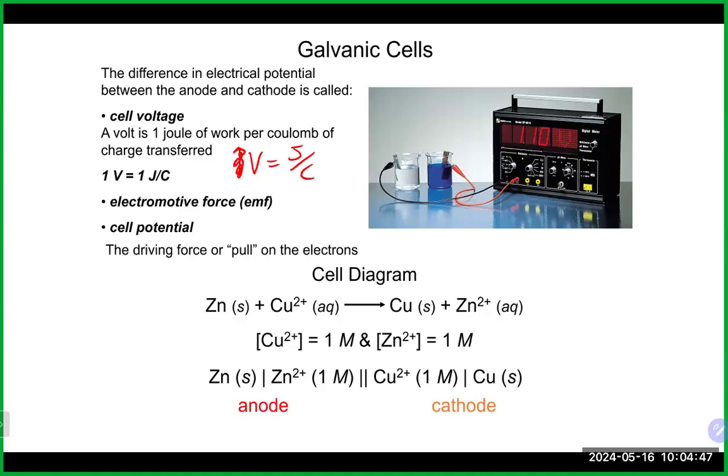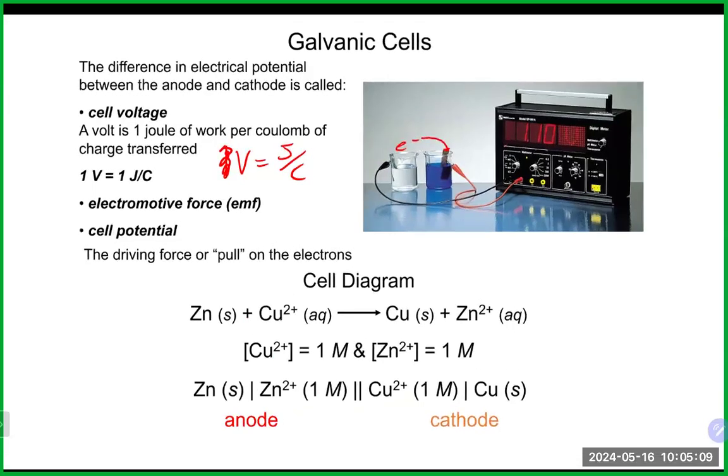If you're asked in a question to calculate the cell voltage, the electromotive force, or the cell potential, usually what they're asking you to calculate is the cell voltage. And as I mentioned, there's a potential difference that allows those negatively charged electrons to be pulled over.